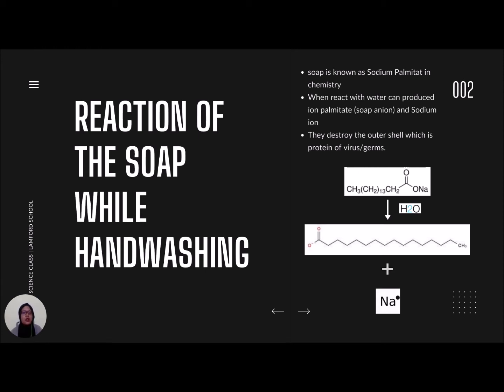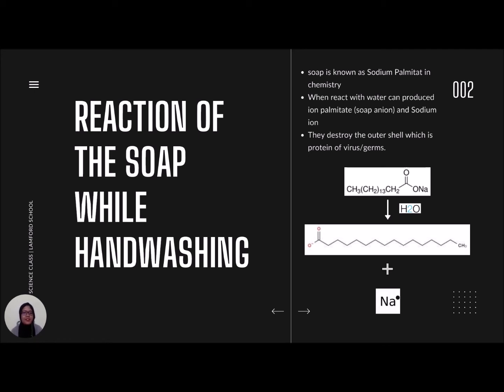Like I said before, lipids are attracted to other fatty oily lipids, so the bubble will be attracted to the virus. When we rinse our hands with water, the virus will go away with the bubble.